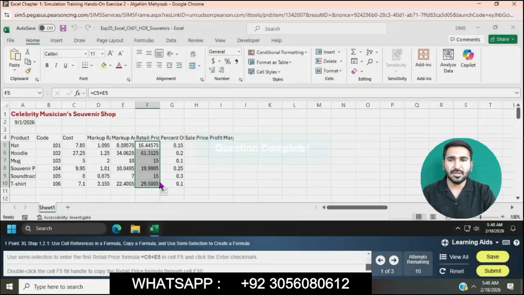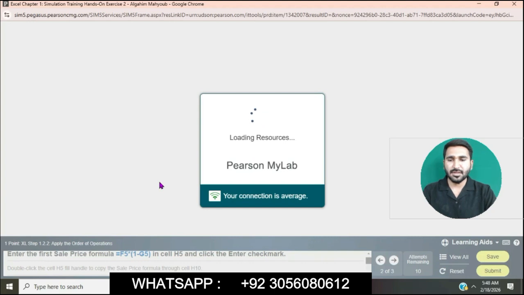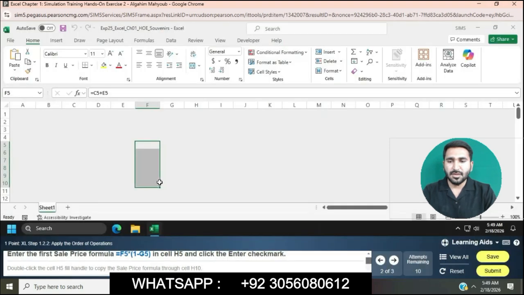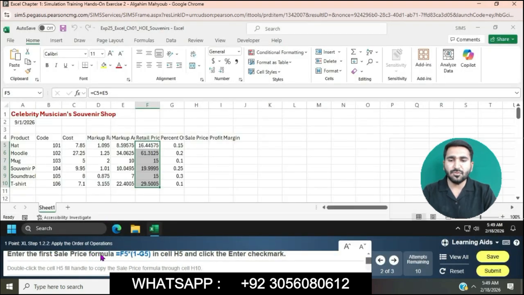So moving on to question number 2. Enter the first sale price formula, which is equal to F5 multiplied by 1 minus G5, in cell H5 and click the Enter check mark.